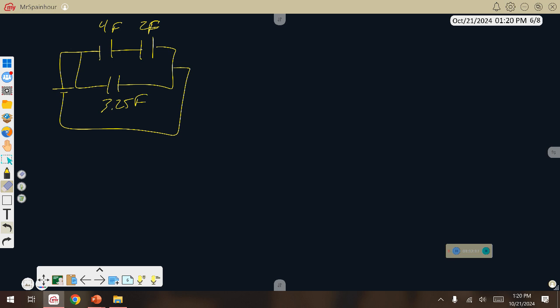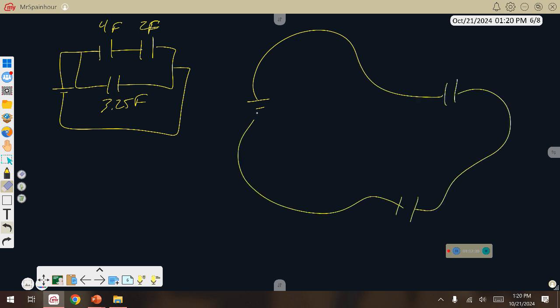Okay, let me be clear. The parallel again is not actually parallel. I could draw this exact same circuit like this. It has nothing to do with the straightness of the lines or where they are.